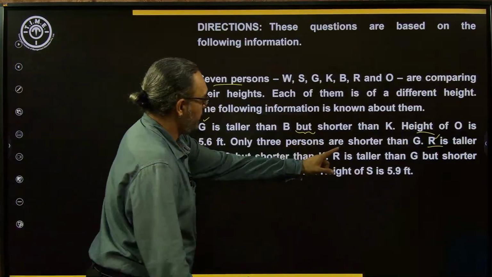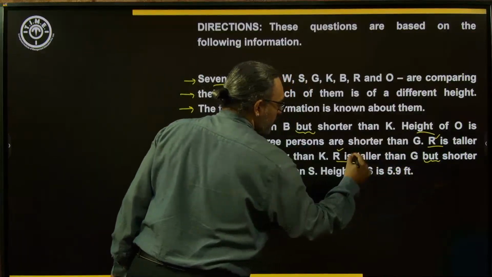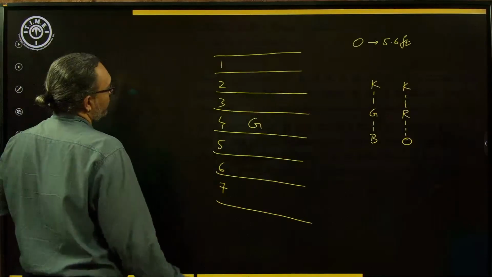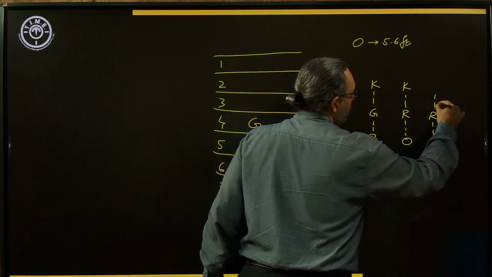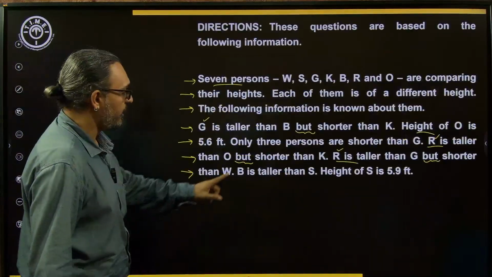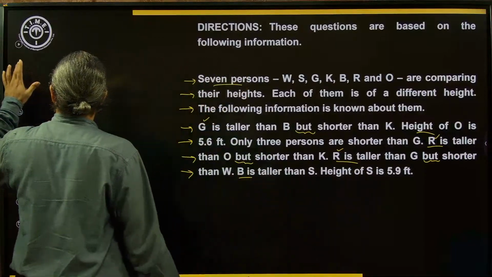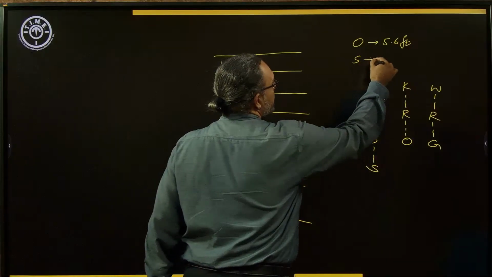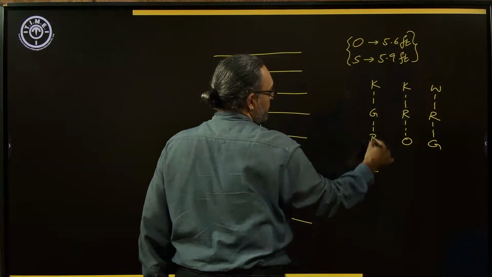Then further, R is taller than G, but shorter than W. So R is above G, but below W. Okay. And then we have B is taller than S, height of S is 5.9. So that clearly tells you that S is taller than O.